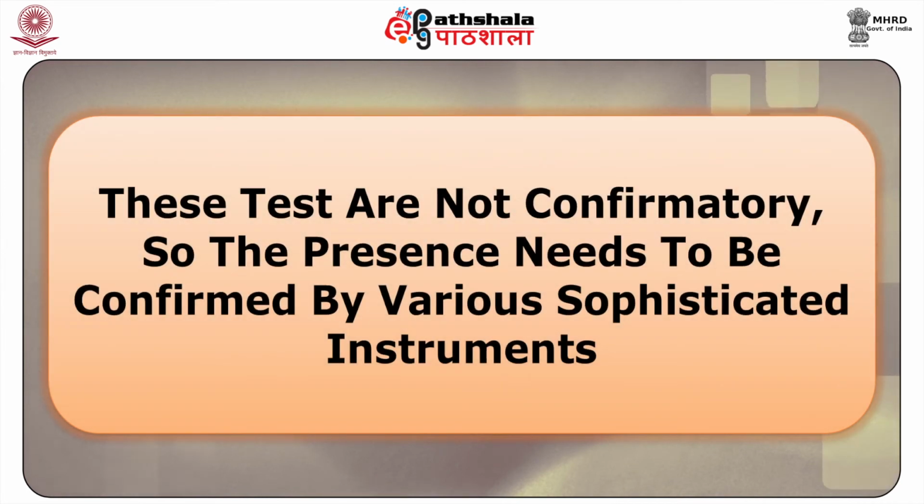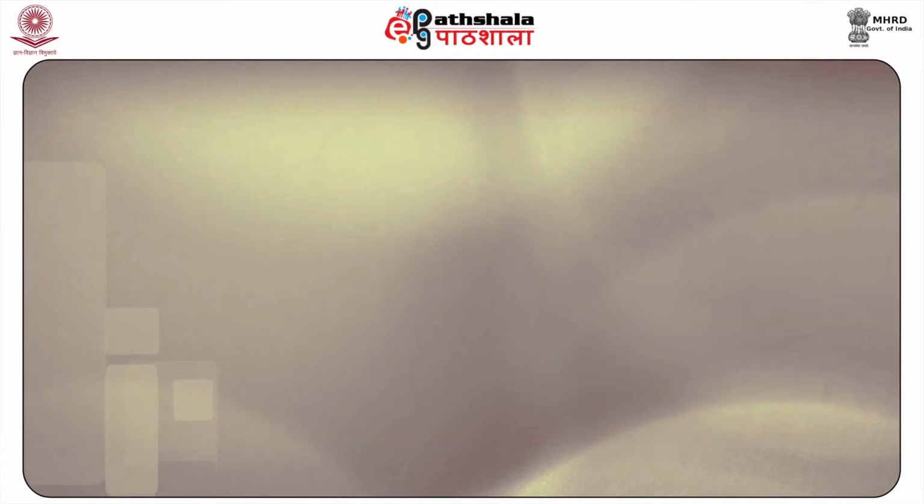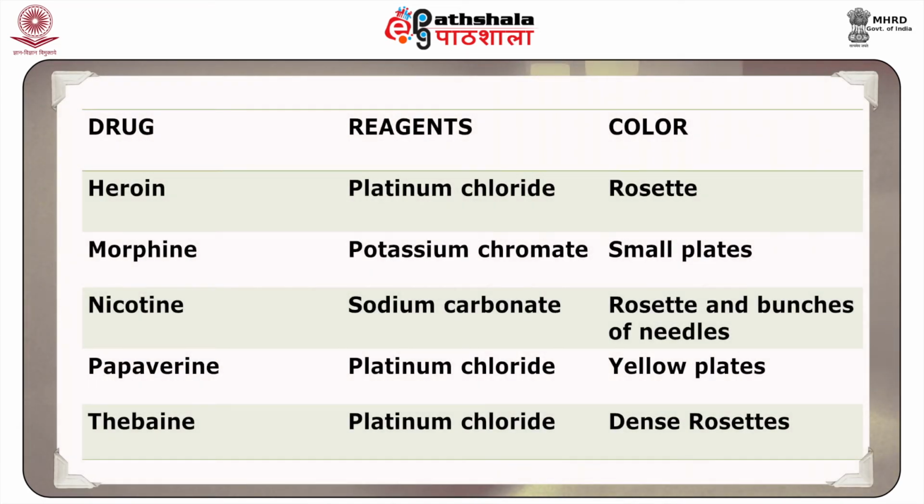However, these tests are also not confirmatory, so the presence of a number of drugs needs to be further confirmed by various sophisticated instruments. Now is a table consisting of drug, reagents, and the color produced by the microcrystal test. It consists of heroin, morphine, nicotine, papaverine, and theanine.